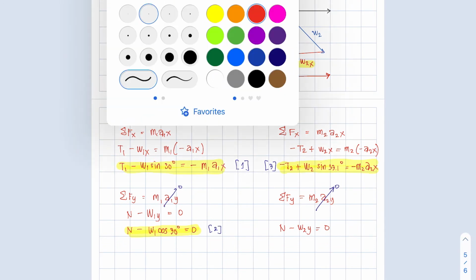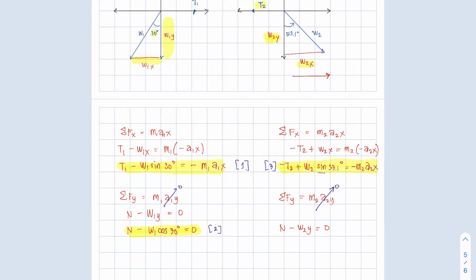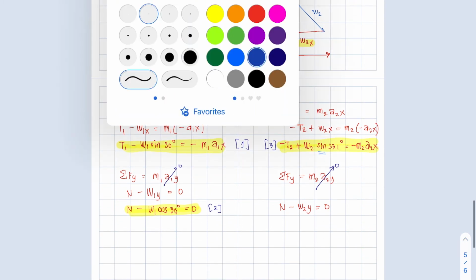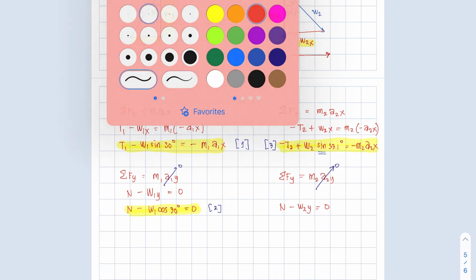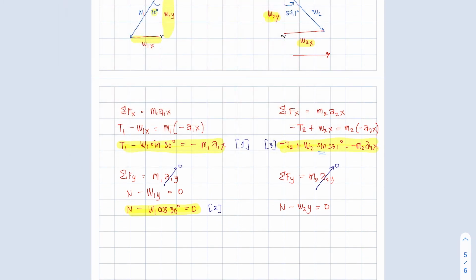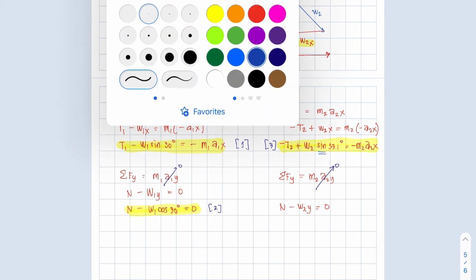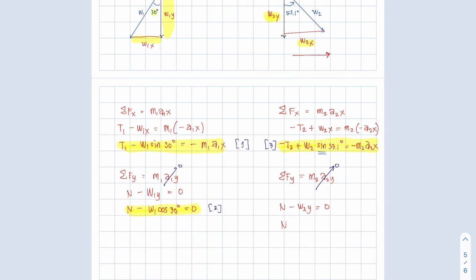And we already used sine, so as I've said, if one component is already sine, the other component should be cosine. So we have N minus W2 cosine of the angle, which is 53.1 degrees, is equal to 0. So this will be your equation 4.